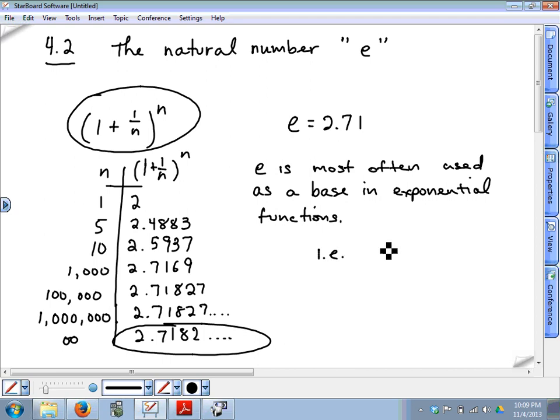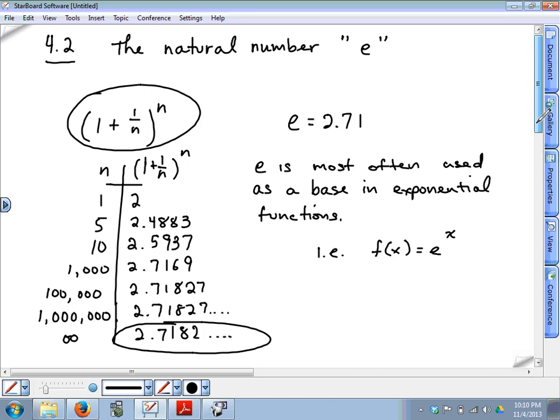So for example, function f of x equals e to the power of x. E is used as a base here of an exponential function. It's exponential because the variable is an exponent. What type of exponential function is this? Well, it depends on the base. E has a value of 2.71, which is greater than 1, so this would be considered exponential growth.